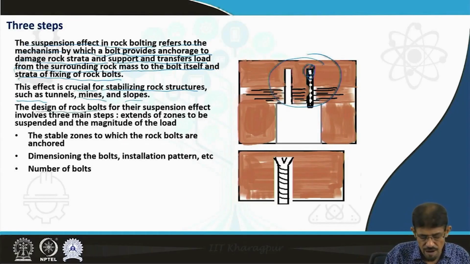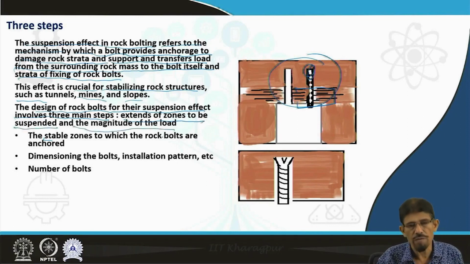The design of the rock bolt for the suspension effect involves three main steps that depend on, first, the extent of damage zone, the extent of zone to be suspended, and the magnitude of load. What is the extension of this damage zone and what is the magnitude of load caused by the formation of this damage zone?